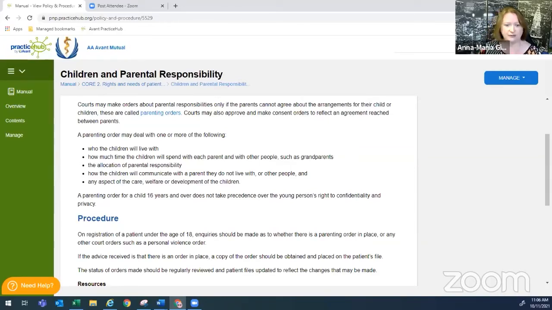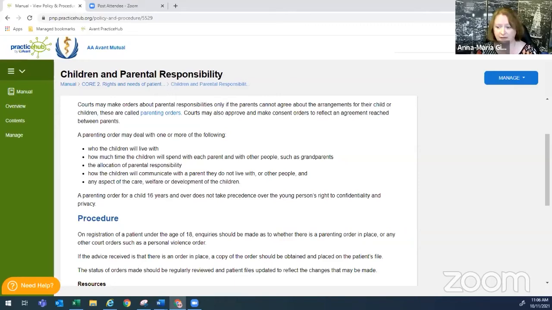Now, when it comes to the procedure for that, I think probably the main thing is about awareness and recording that information, ensuring that it's easily accessible to the practice team, so the doctors, the front desk staff, nurses, etc. And also that you regularly review and check with the parent around any changes to those orders as well.